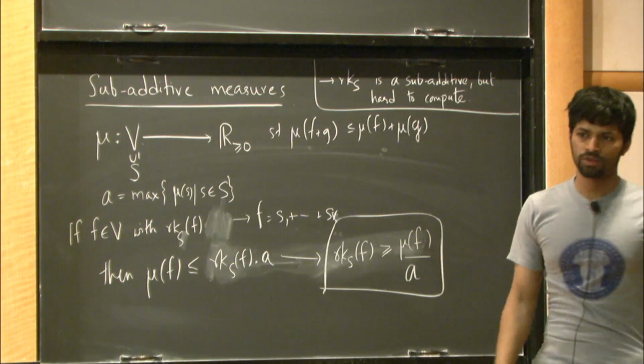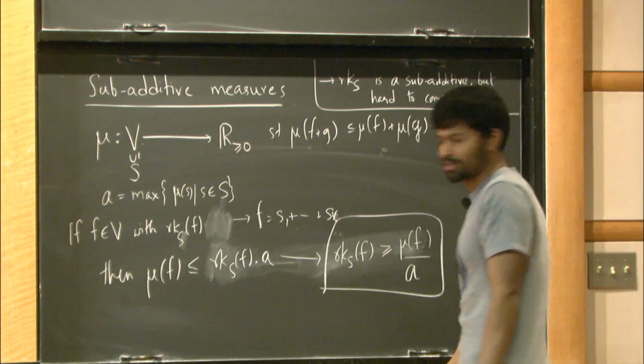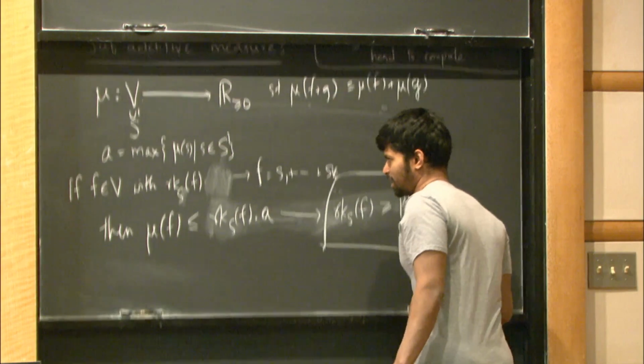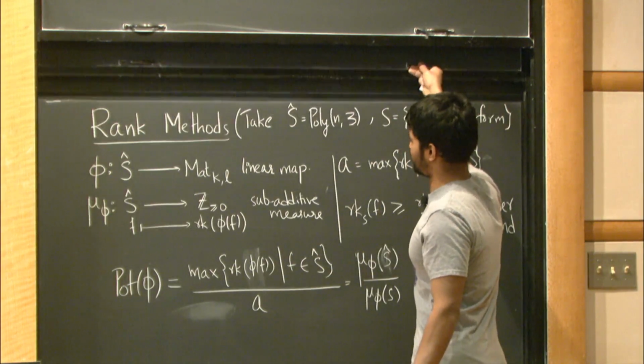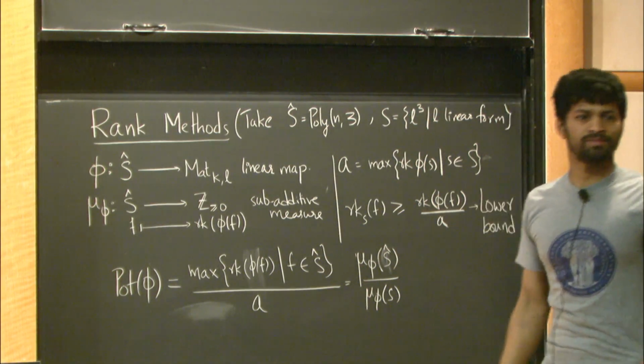So what might you do? You might say, well, let's just find some easier to compute subadditive measures and see what you can get. And here are the easier to compute subadditive measures, and they're called rank methods.